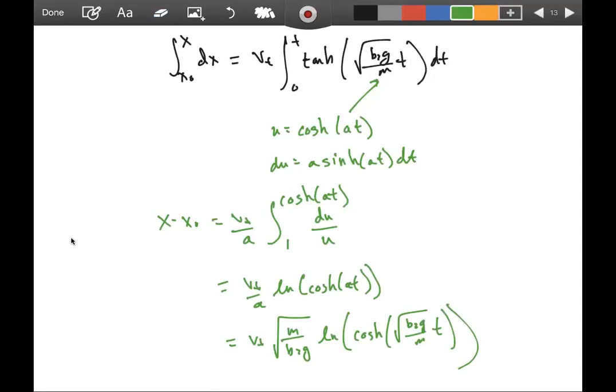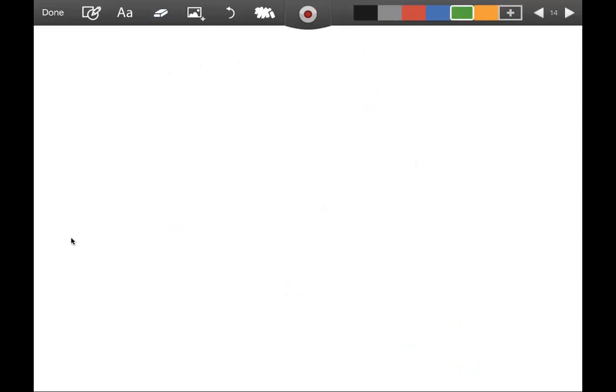So let's talk about this. What we said was that as time goes off to infinity, the velocity goes to the terminal velocity, so my position should then just linearly grow. To think about this, let's think about what a hyperbolic cosine does.